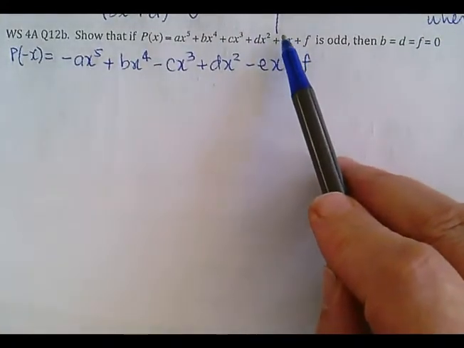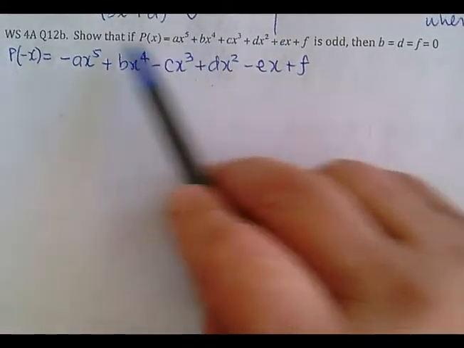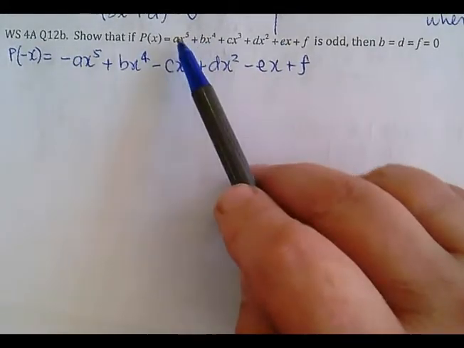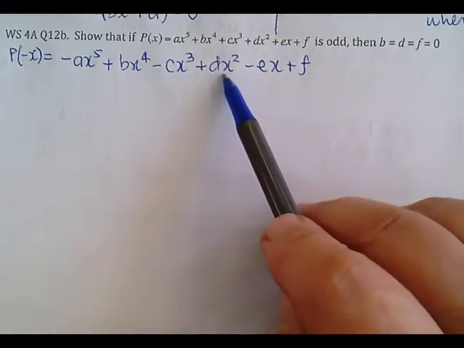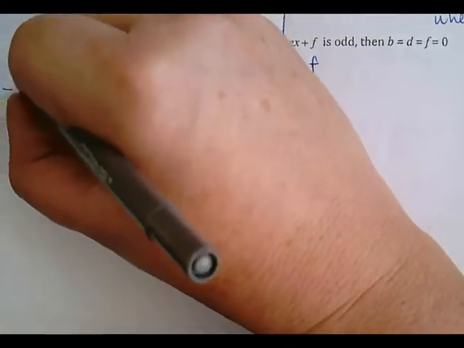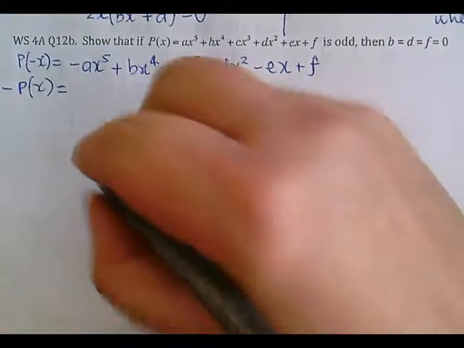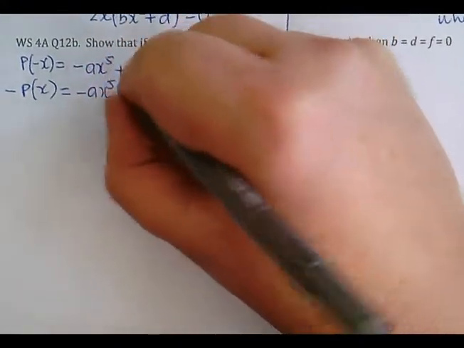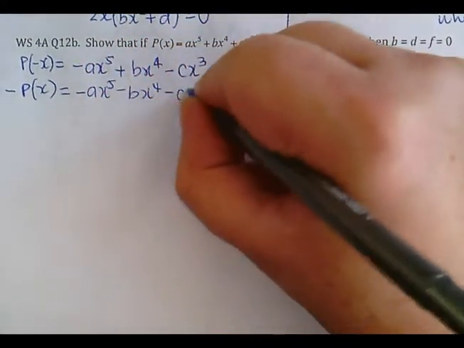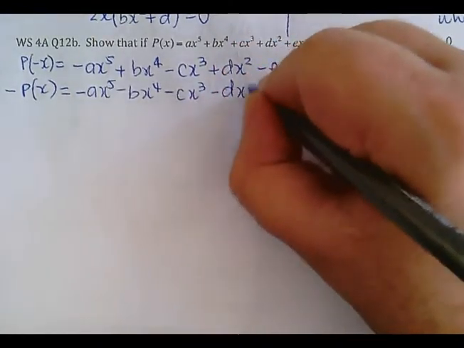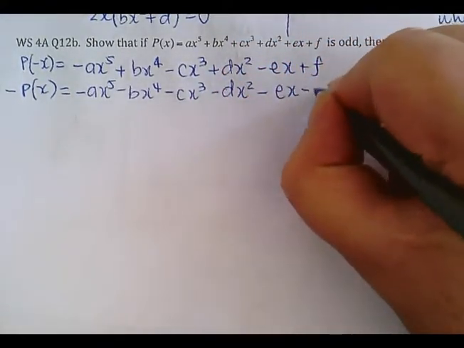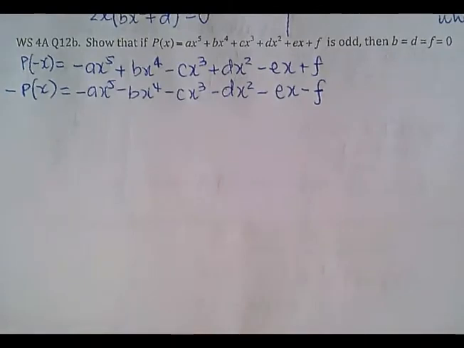That's what P of x is up there. If you substituted x as negative, the x to the 5 would be negative, and the even ones would be positive. And then negative P of x is just a negative in front of each term. That's what negative P of x is.